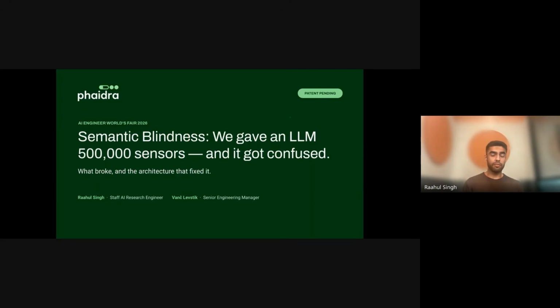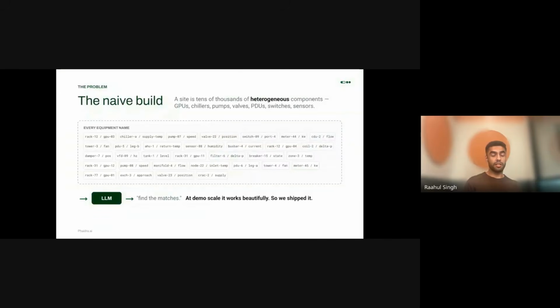User queries can be anything from what chiller is running hot, to analyze the distribution of temperatures across my data halls, to is any of my GPUs facing any problems. From this variety of queries, you can see that these include talking about specific equipment: is chiller 6 all right? To talking about groups of equipment: GPUs in data hall 1.